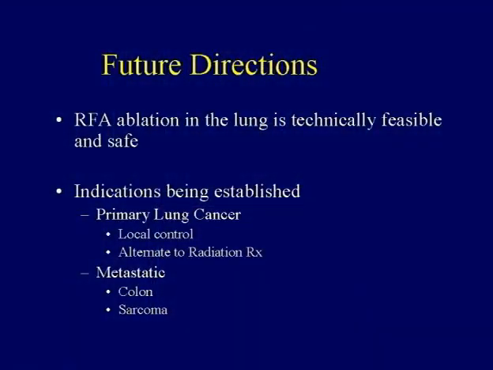More importantly, though, is the management of metastatic lesions. And here, the two lesions that have really come into focus over the last 18 months are colon cancer and sarcoma. The colon cancer story, of course, is a very interesting story. Our colleagues in GI started ablating these lesions 5 to 10 years ago and have done a wonderful job.